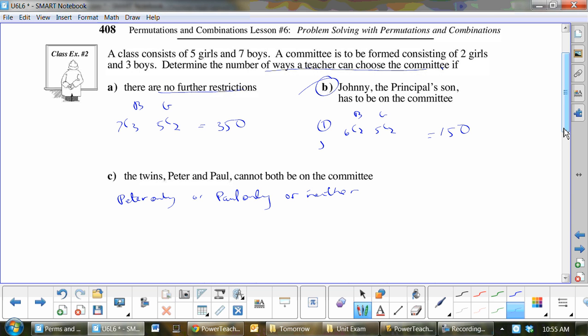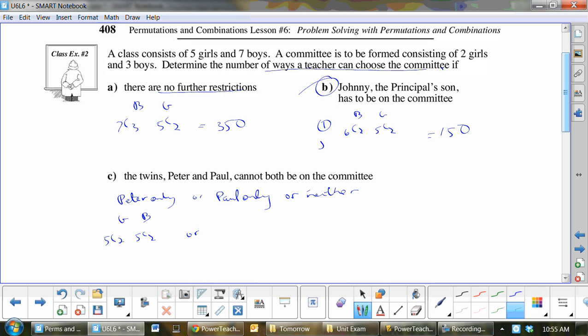Okay, let's do this one, girls, boys. So girls, how would you choose the girls? 5 choose 2. And the boys? Yeah, it's either 6 choose 2 or it would be 6, but guess what, Peter's already picked and Paul's not allowed on. So how many boys? 5 choose 2.